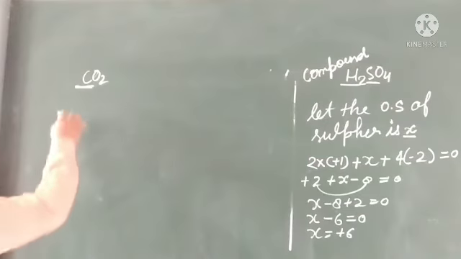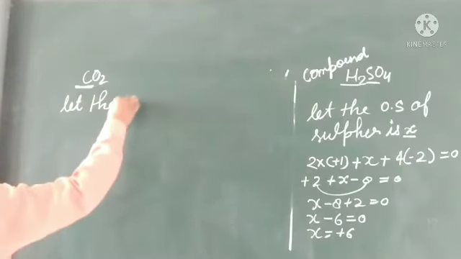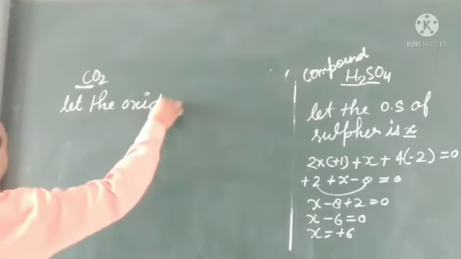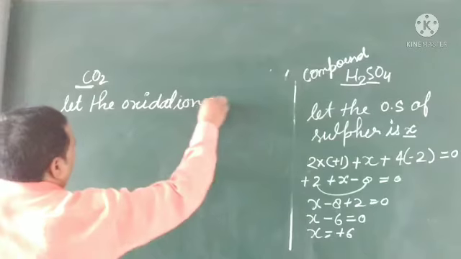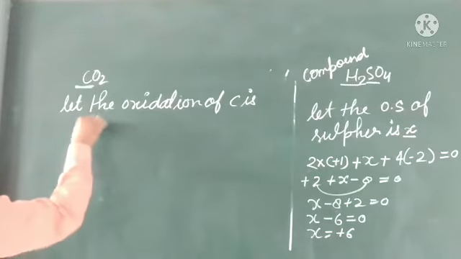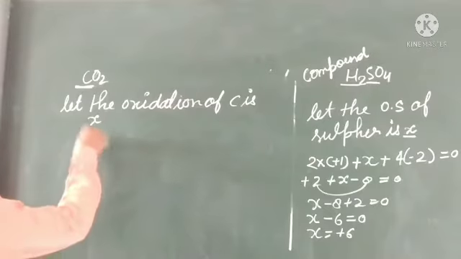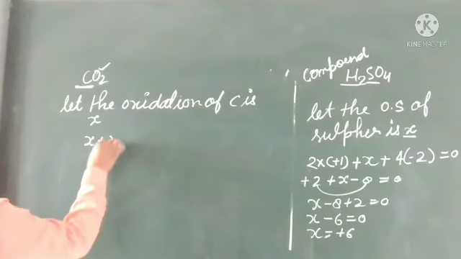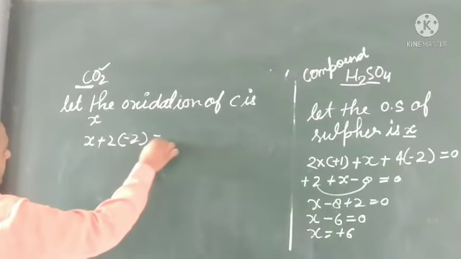So let the oxidation state of carbon be X. Then X, number of oxygen is 2, and what is the oxidation state of oxygen in normal cases? -2.